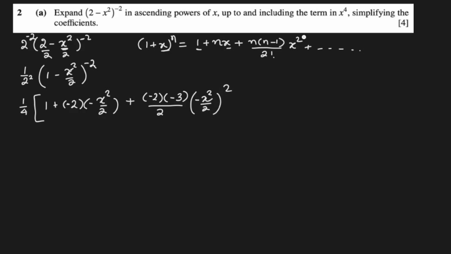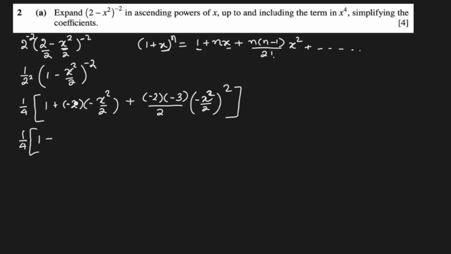And because there is a square here, we'll put it. They're saying up to, including the term x to the power 4, and this is x square square. This is x to the power 4. That means we do not need to go further because it is up to x to the power 4 we need. So our expansion stops here. So 1 over 4, 1.